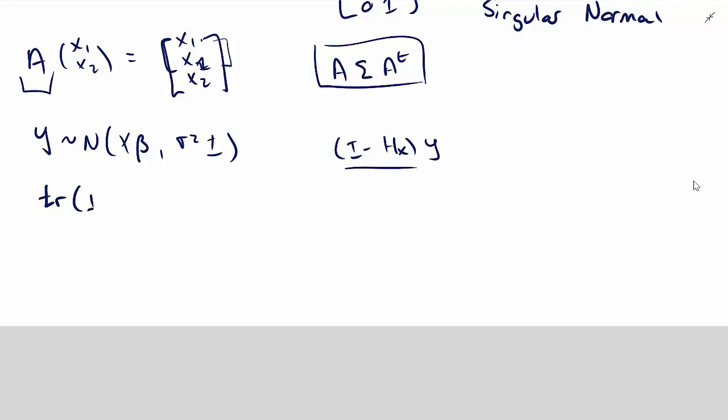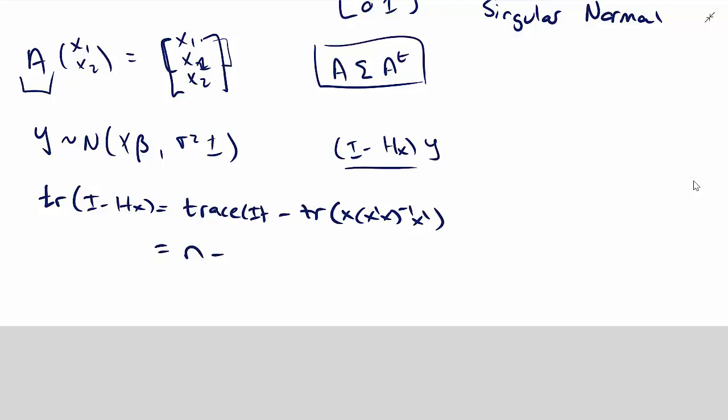So if I take the trace of I minus h of x, that's the trace of I minus the trace of x times x transpose x inverse times x transpose, which is n for the trace of I. And then I can move this x over here, and I get x transpose x inverse times x transpose x.